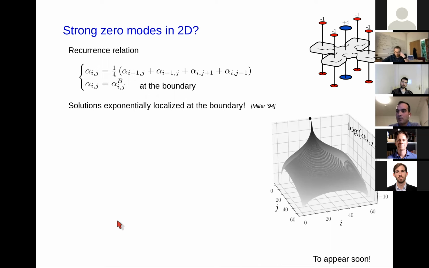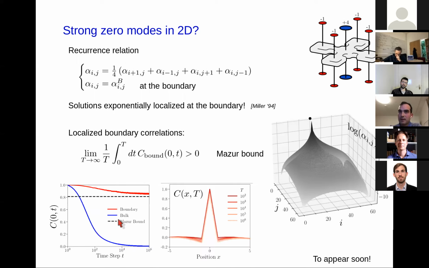Another question is, what happens if you look at correlations at some boundary point? Is it again the same as in 1D, or do they decay? And again, what we did is look at the Mazur bound in this case, which we can almost semi-analytically show appears to go to a finite value.